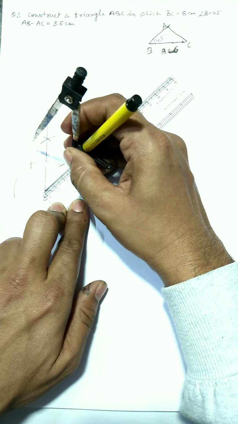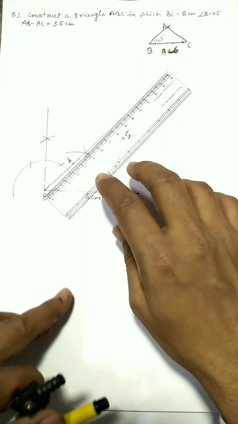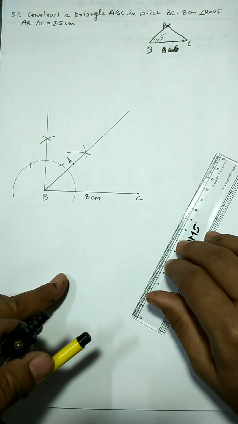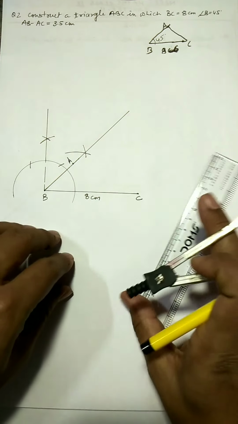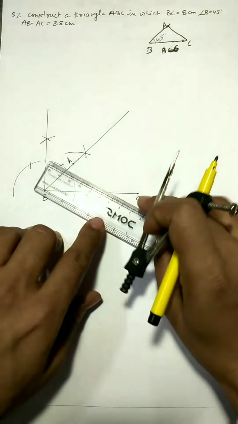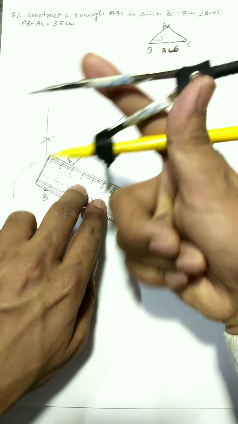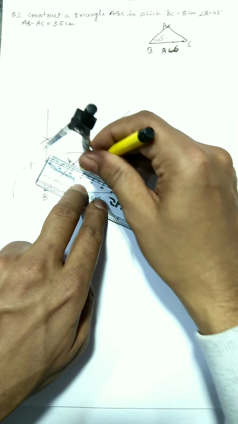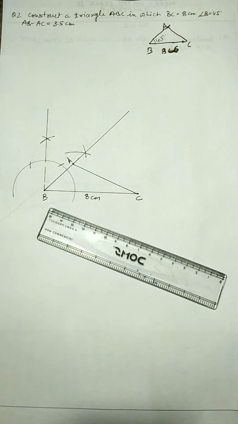Let's say this point is A dash. Remember this is A dash, not A. This is not our required point A. Now you join this A dash to C. This is the line segment A dash C.